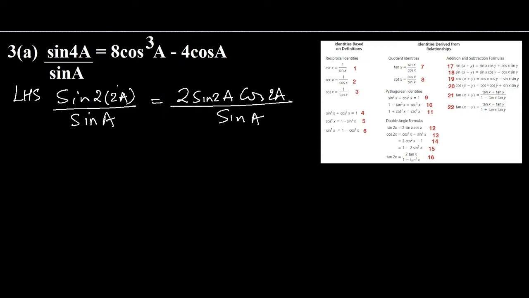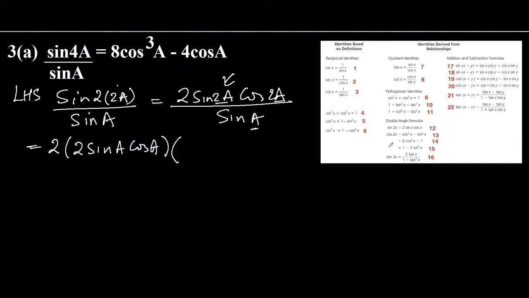Again, there is no chance to cancel, because this is angle A, this is 2A, so we can't cancel out anything. So let's use the same identity again to get this sine 2A into simpler form. That will become 2 times 2 sine A cos A this time. Half of the angle 2A is A, and that's what identity number 12 says.